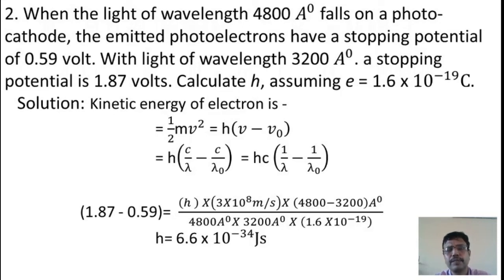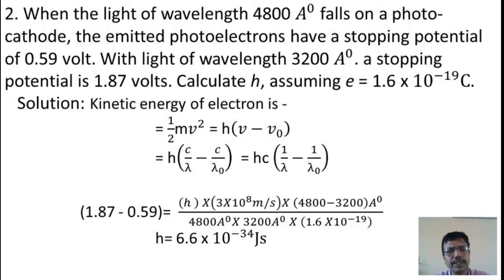So h into 3 into 10 power 8, the velocity of light, into (4800 minus 3200 angstrom) by (4800 into 3200 angstrom), into the conversion of electron volt into joule, which is 1.6 into 10 power minus 19.